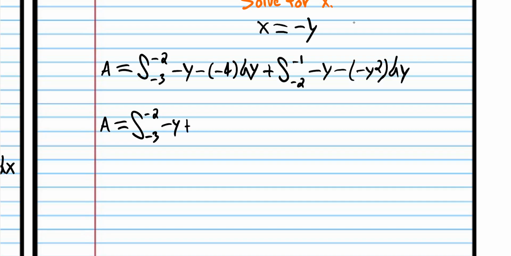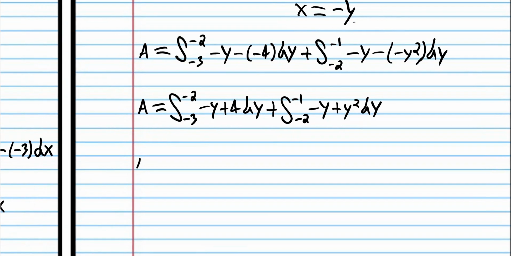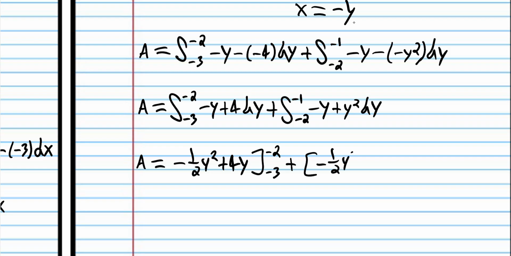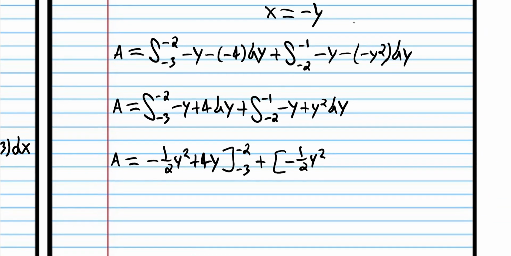We have negative y plus 4 and negative y plus y squared. So let's integrate. So we have negative 1/2 y squared plus 4y from negative 3 to negative 2, and negative 1/2 y squared plus 1/3 y cubed from negative 2 to negative 1.